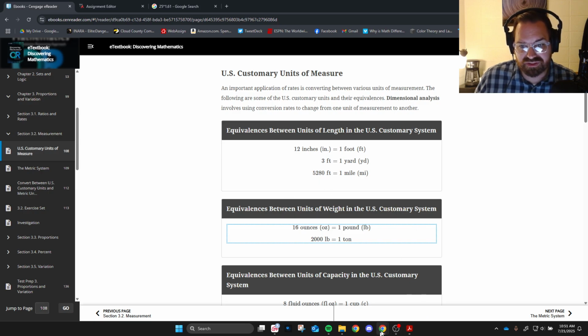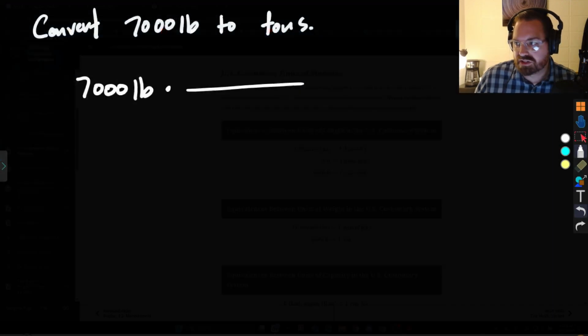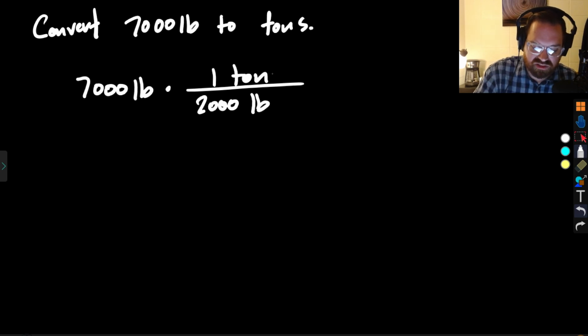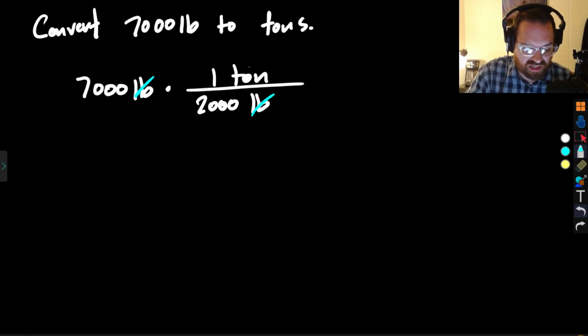It's really useful, pretty beneficial. Go ahead and switch back. So 2,000 pounds is 1 ton. So again, the units that I'm canceling are going to be on the bottom of that fraction that I'm multiplying, okay? So it should not be on the top.